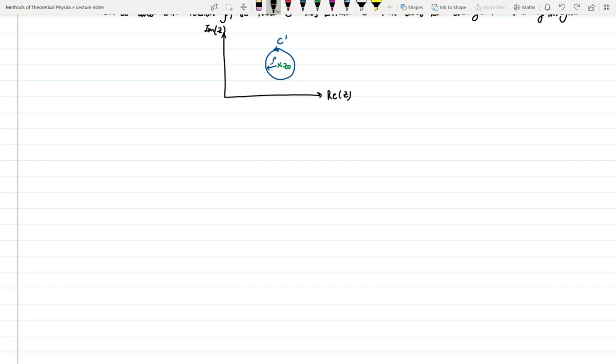The deformation property has allowed us to rewrite the integral along C of f of z over z minus z0 as the integral along C primed of f of z over z minus z0, dz.